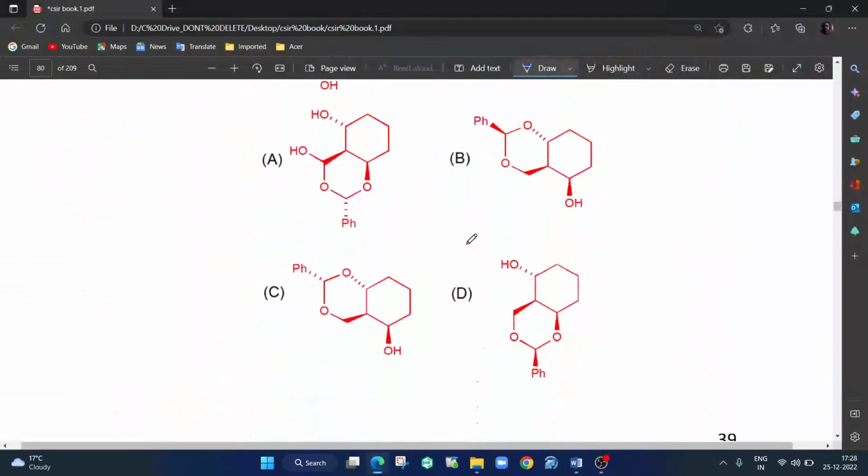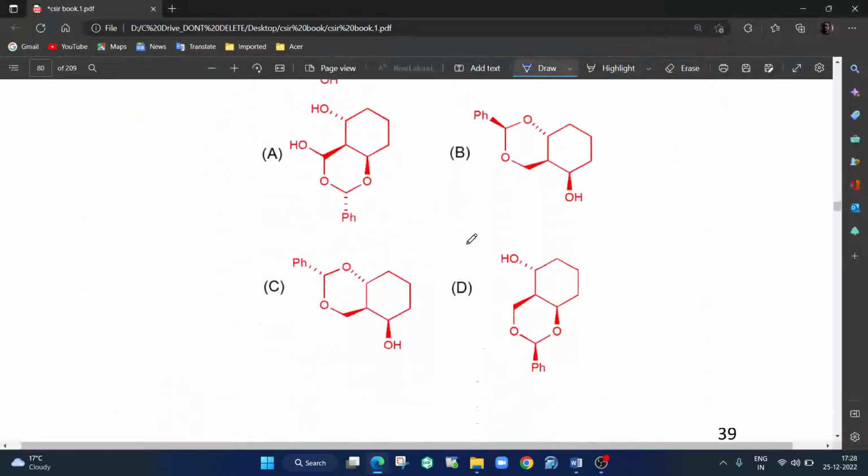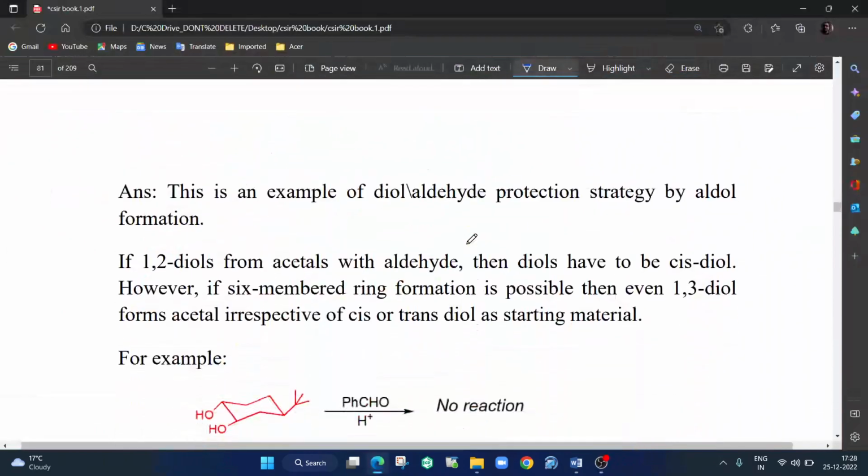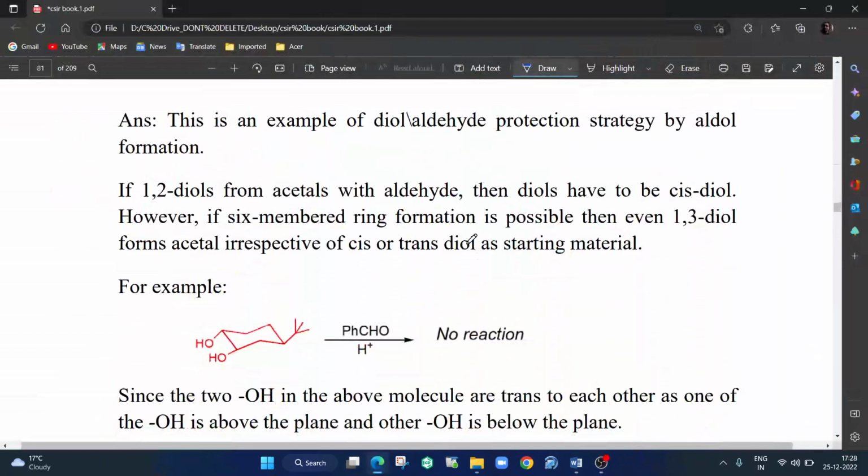If you do a little bit of carbohydrate chemistry, you will be using a lot of this stuff. So one very important point is, for acetal formation, if it is a 1,2 diol, both the OH groups have to be cis to each other. Now this is not drawn very properly. Actually I asked somebody else to draw, so it was not proper. This OH should have been like that.